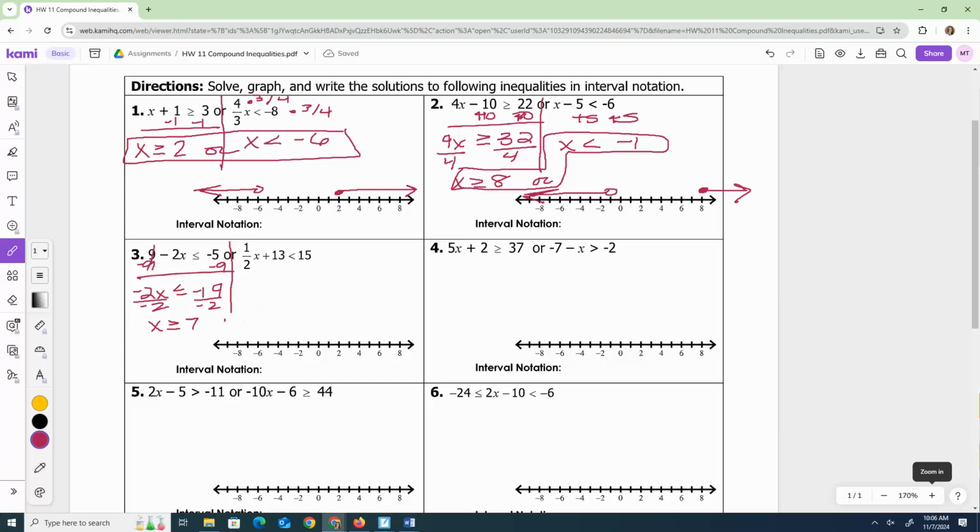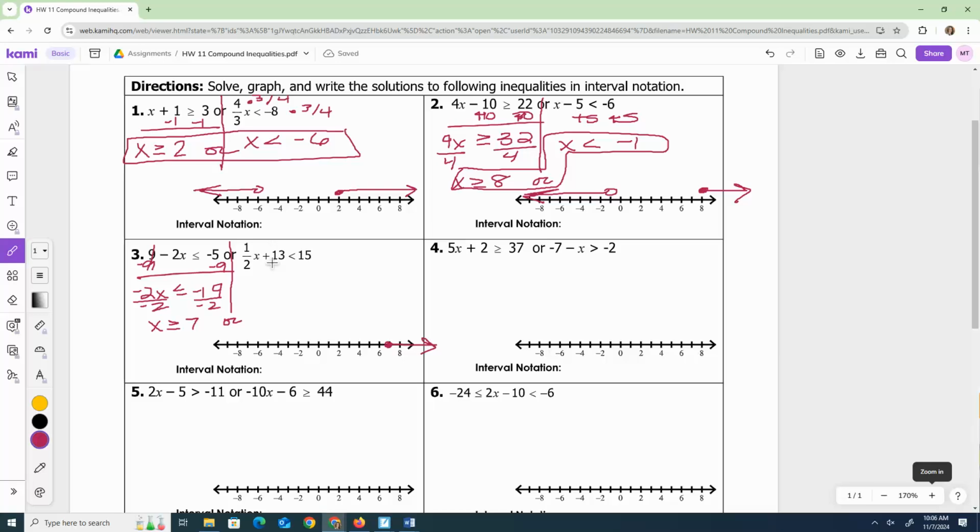Okay. When you graph that, open or closed? It had an equal to on the 7. And going to the right. Okay.